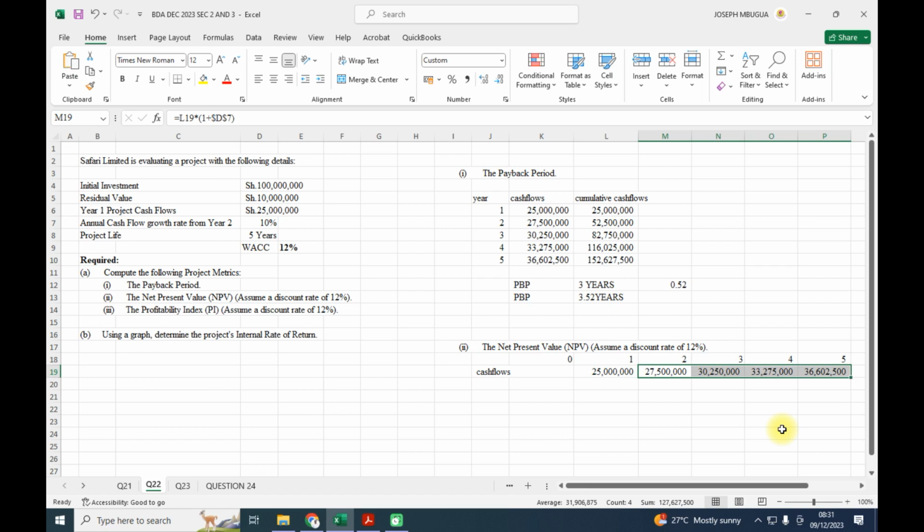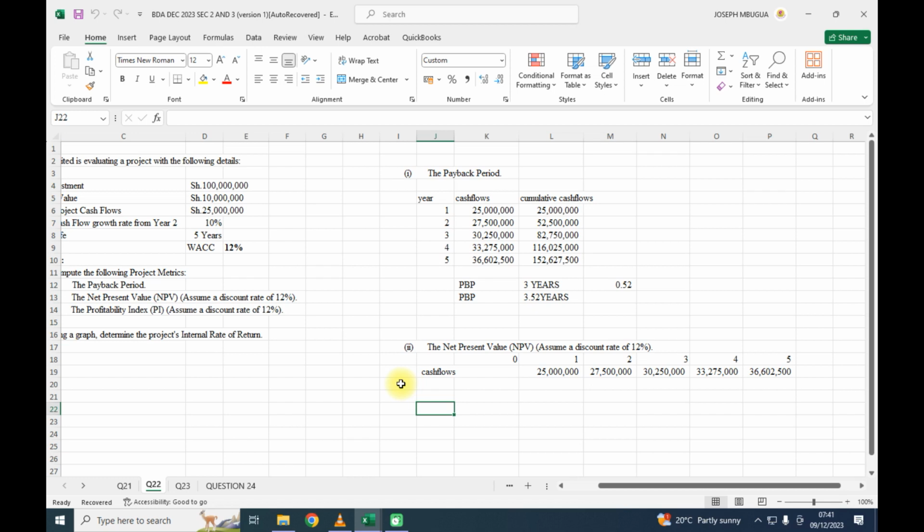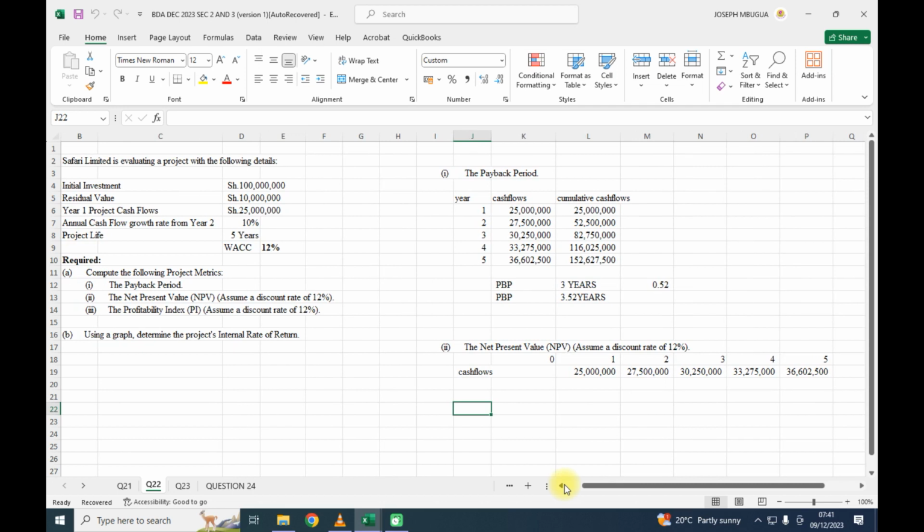In the question that we had, there was only the residual, there is no tax. Already we know our cash flow is growing at the rate of 10%.